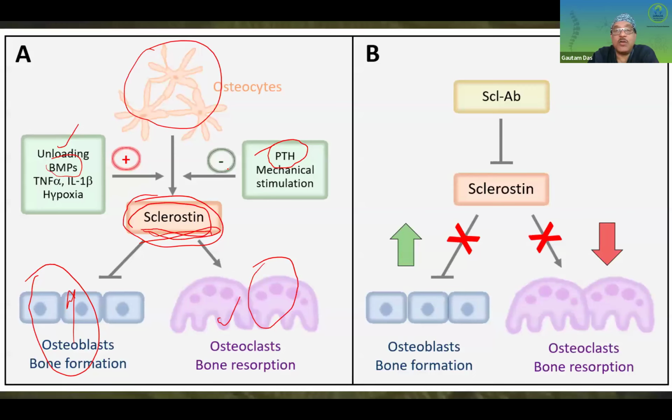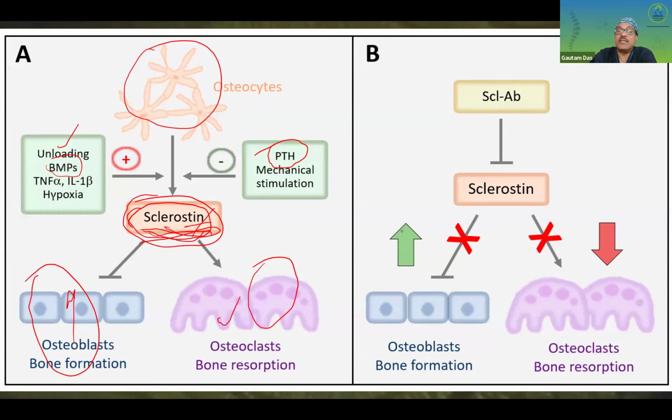Teriparatide lasts in the body only for a few hours, and it basically inhibits sclerostin. So with intermittent parathyroid or teriparatide, there is inhibition of sclerostin.